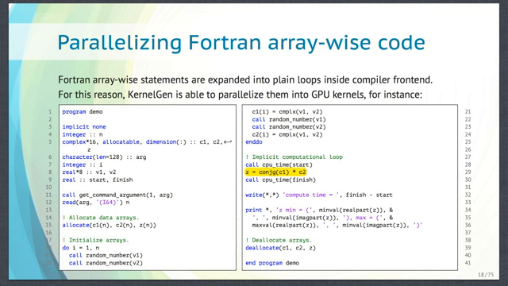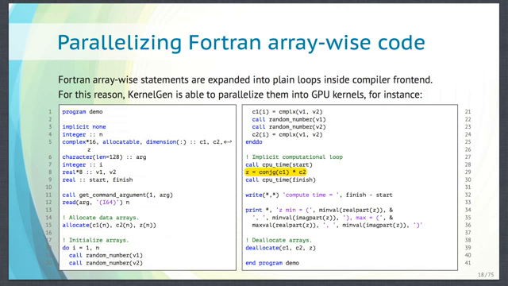Parallelizing array-wise code. Array-wise code means that in Fortran, developers may use a compact form for specifying collective operations on arrays. Here, Z, C1, and C2 are complex number arrays of single dimension.